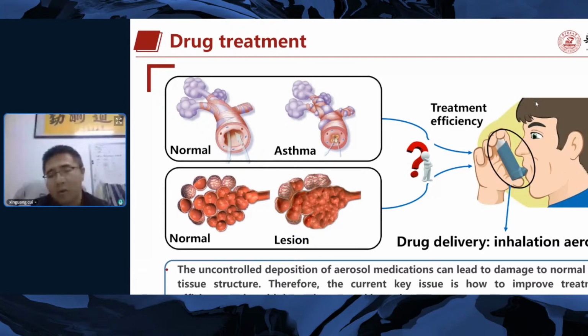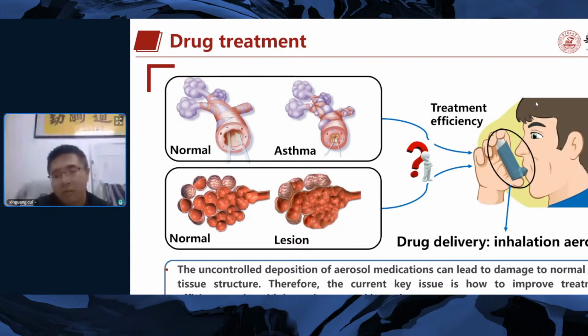Then it has fewer side effects. And the market of inhaled drugs is very big. It's billions of dollars.